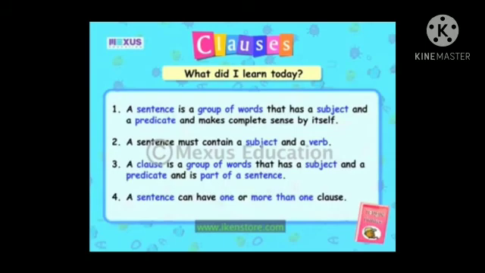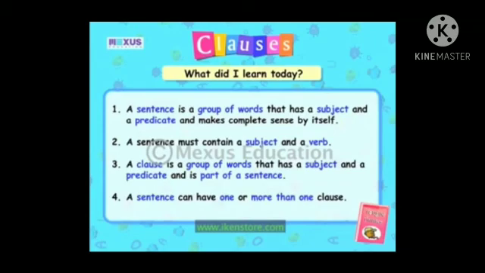So, what we have learnt up to this, let us see the recap. A sentence is a group of words that has a subject and a predicate and makes complete sense by itself. A sentence must contain a subject and a verb.